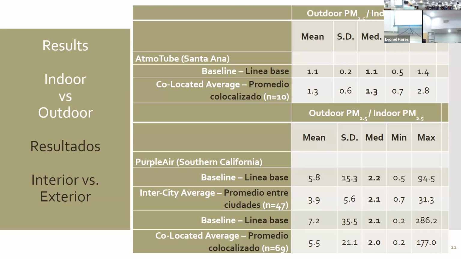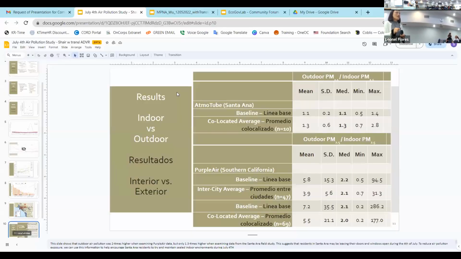Sometimes there are indoor sources. If you go back to the slide with the chemicals, you will see that for a couple of homes, their indoor pollution levels are higher than outdoors. I don't have that figure, but this is because you have indoor sources.